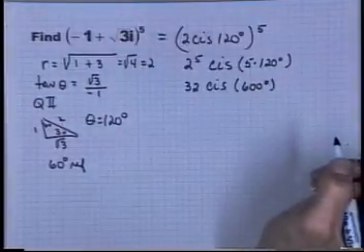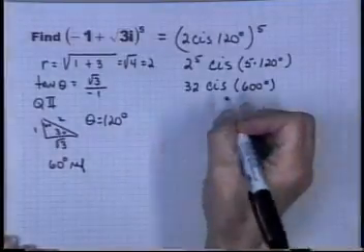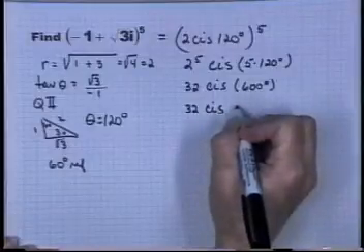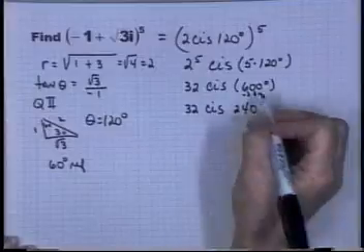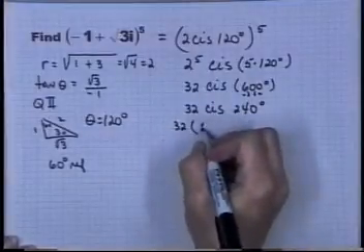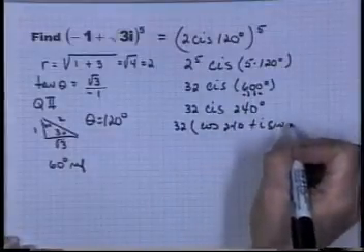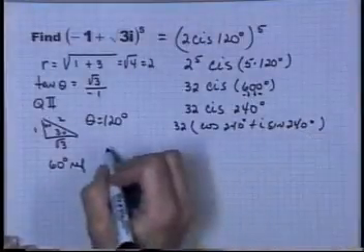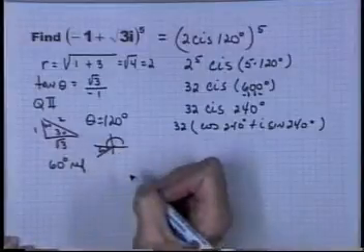Okay? Now, just like we've done before, we're going to convert this thing back. So let's take out the revolution. We have 32 cosine plus I sine 240 degrees. If you subtract 360 here, you're going to get 240. So we have 32 times the cosine of 240 plus I times the sine of 240. 240 again is in quadrant 3, 60-degree reference.